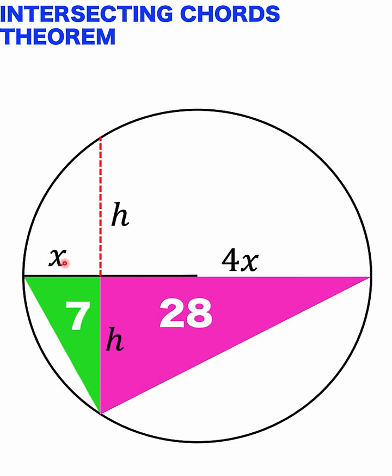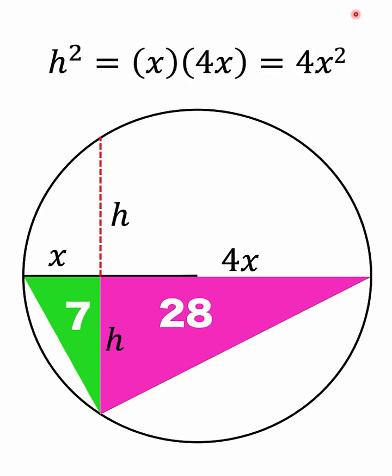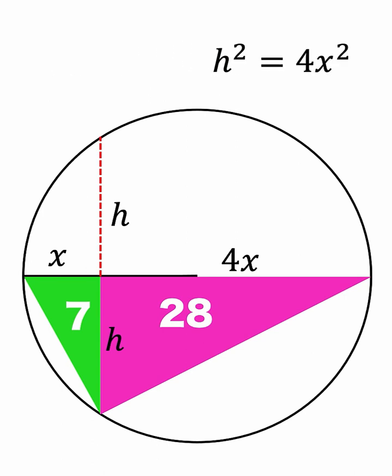That is equal to the product of x and 4x. And so we now have this equation. x times 4x is 4x squared. Then, taking the square root of both sides, we get h equal to 2x. This means that this height here must be equal to 2x.